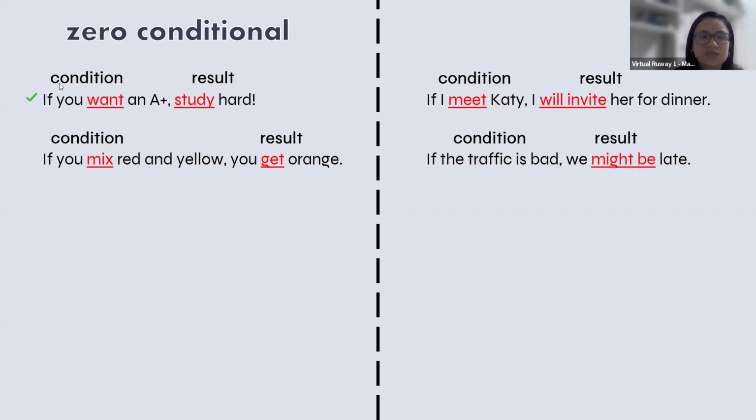Recordemos, zero conditional, tengo una situación, una condición real y el resultado es el que siempre va a seguir, ¿no? Si yo digo, si pongo helado en el sol, el resultado más obvio va a ser que el helado se derrita. Y esa acción, ese resultado siempre va a ser lo mismo.